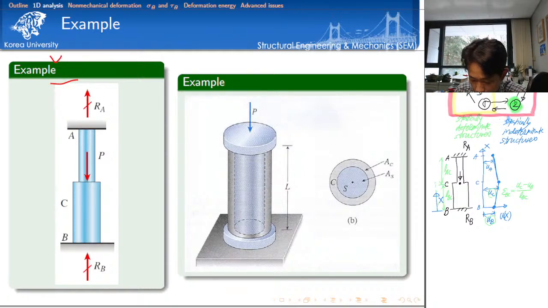And then how about the strain of the AC segment? Similar to this, we need to consider UA minus UC, isn't it? And then divide by the length of the AC segment.